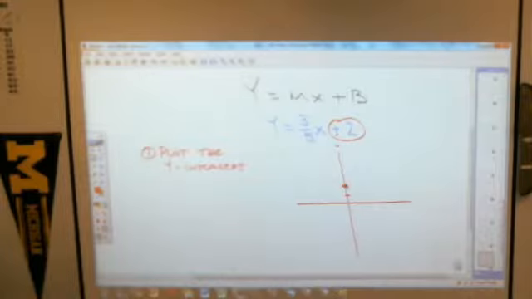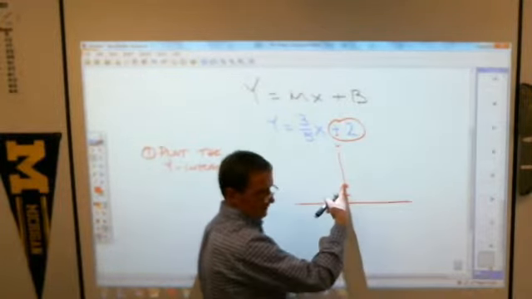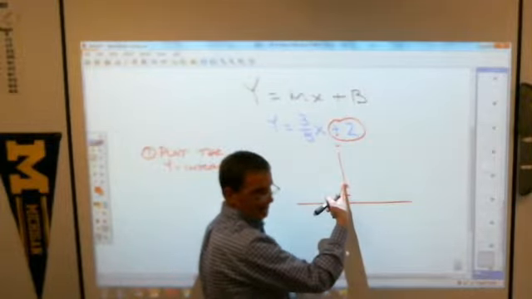Does anybody know why that is? How do you know that? Let me ask you. If I asked you to give me this point in coordinates, what would that point be?